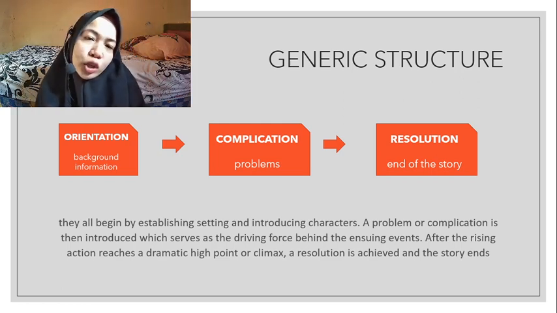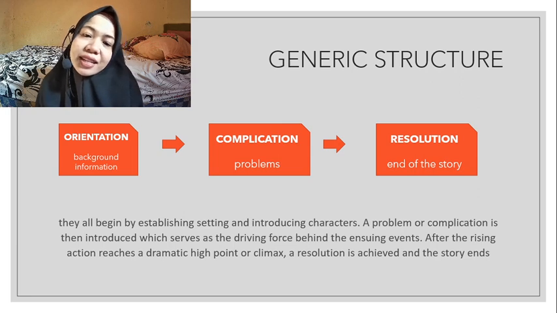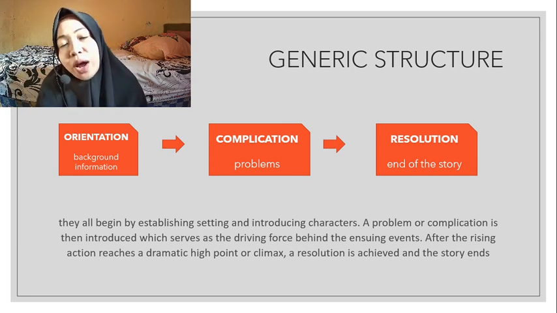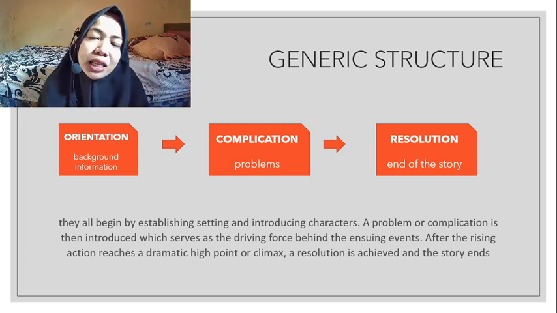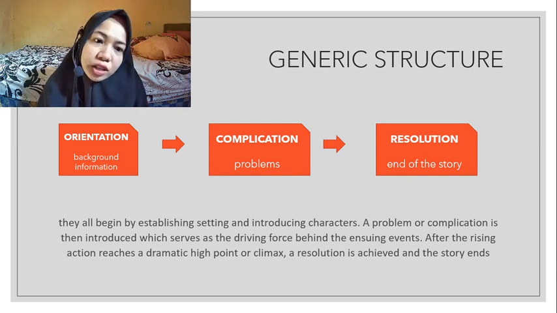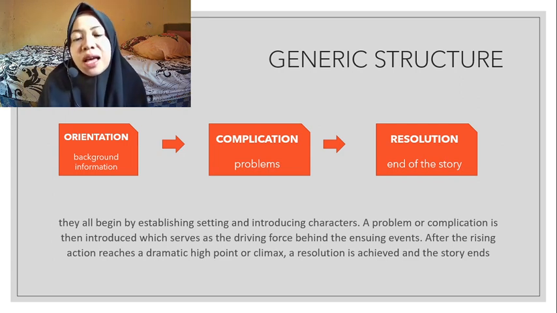Well, as you can see on the slide, short stories commonly begin by establishing the setting and introducing characters. Problem or complications is then introduced, which serves as the driving force behind the ensuing events. So, after the rising action reaches a dramatic high point or climax, a resolution is achieved and the story ends.